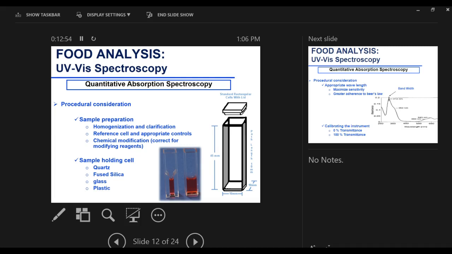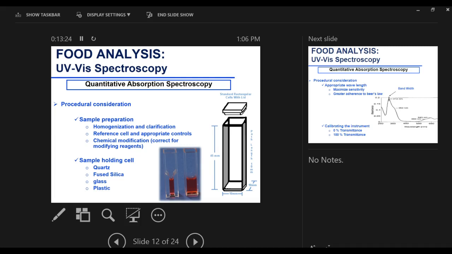If you have many samples, let's say 50, it's important to put in a fresh blank every 5 or 10 samples so that you maintain the zeroing. Otherwise, you will have deviation over time of measuring. Chemical modification: correct for modifying agents. That means the use of a blank with the same reagents except for the sample.